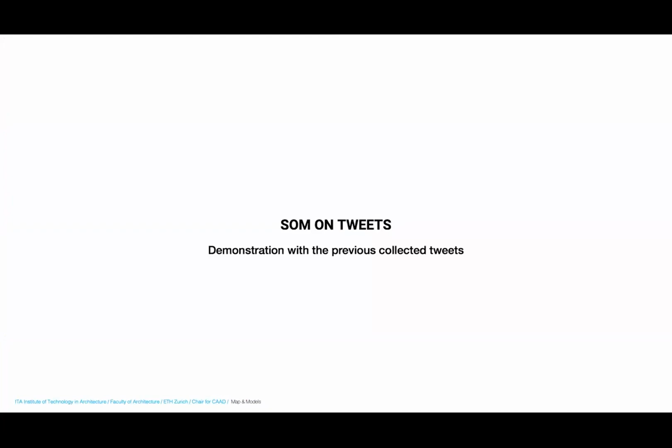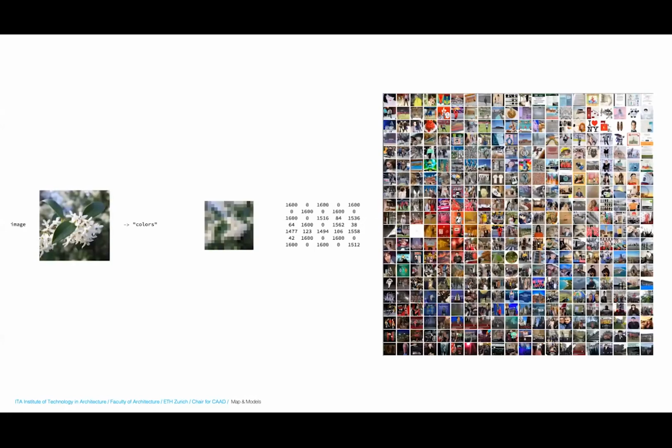So we also wanted to give you a small demonstration of how we can work with your collected tweets. And this has a lot to do with the lecture of last week when we decided how to encode our data. So for example, here, what you're seeing is a data point, an image. And we decided to encode this image based on its colors.